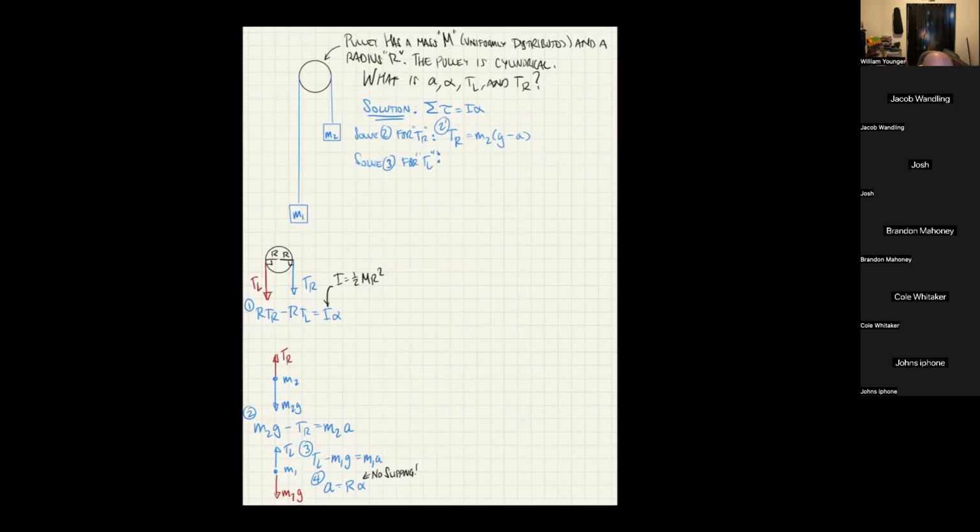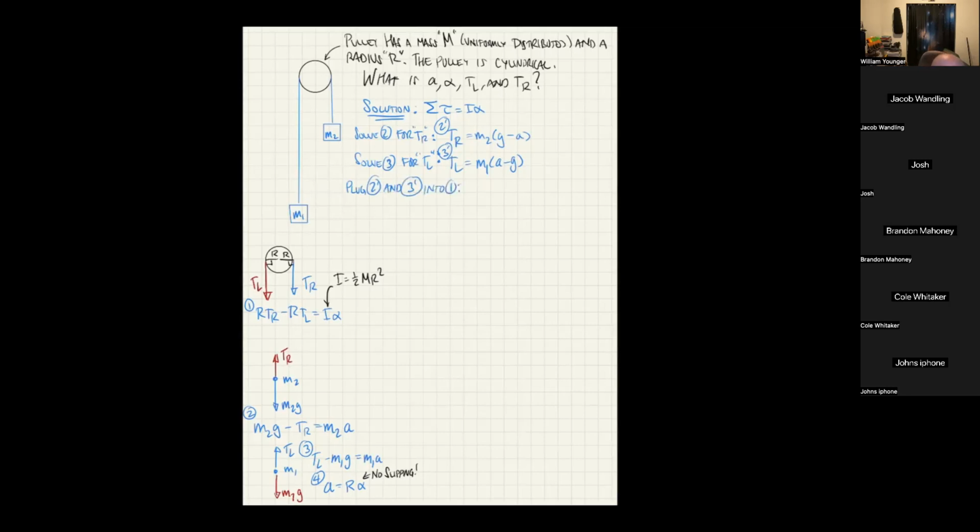And this one's going to give me TL is equal to M1 times A minus G. And this is going to be called equation 3 prime. Okay. Now I'm going to plug 2 prime and 3 prime into 1.